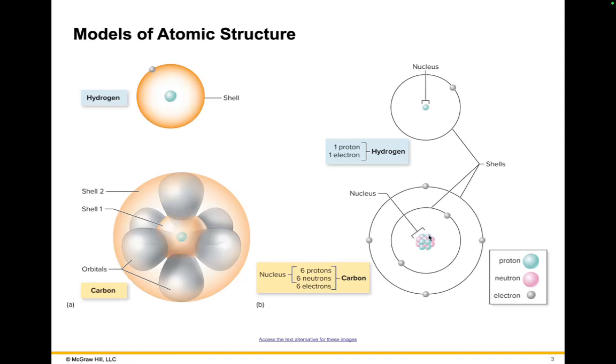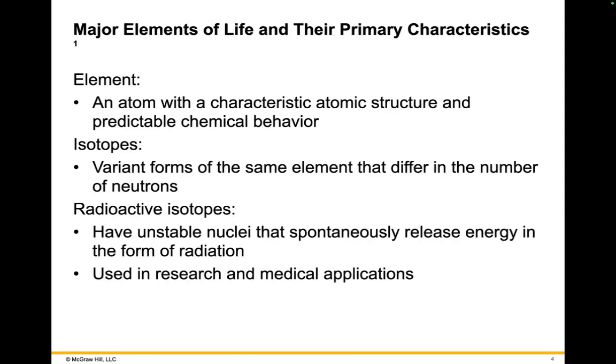It has 6 protons and 6 neutrons in the nucleus, but there's C14, and so that would be 6 protons and 8 neutrons would form that isotope of C12. So these radioactive isotopes have unstable nuclei that are going to spontaneously, that means by themselves, release energy in the form of radiation.